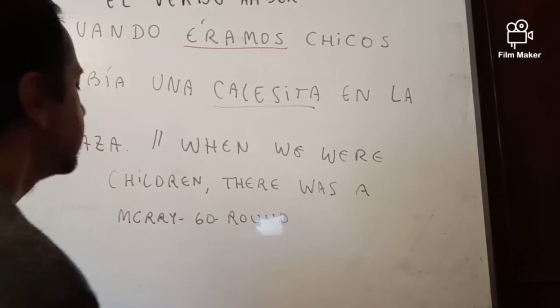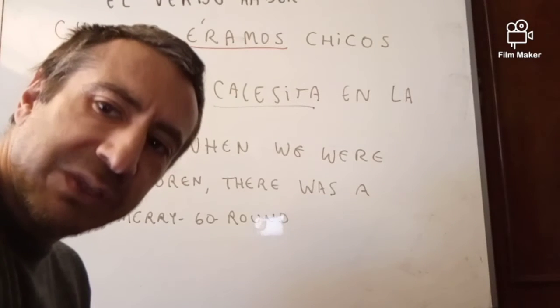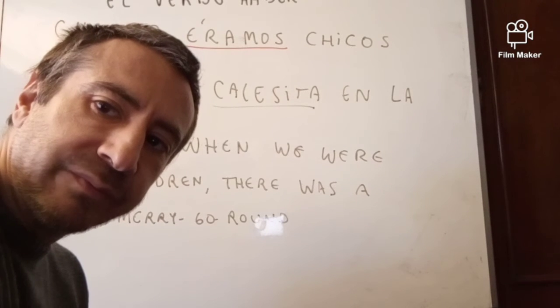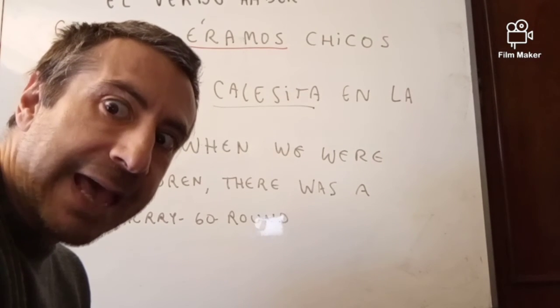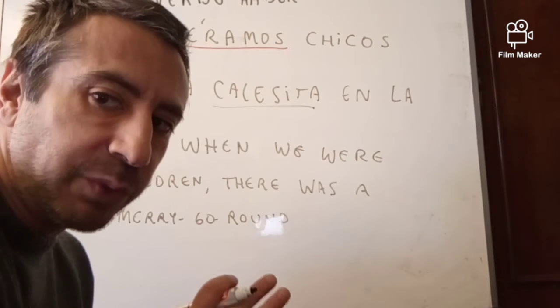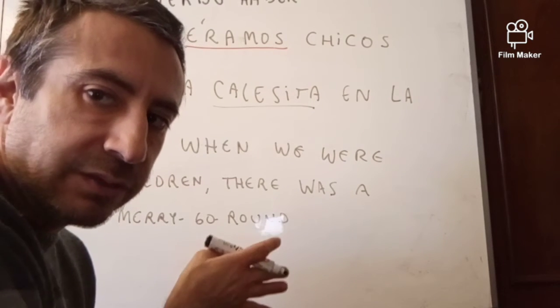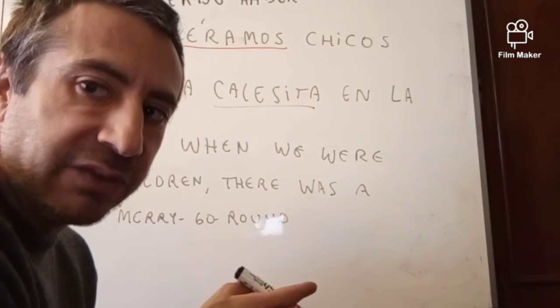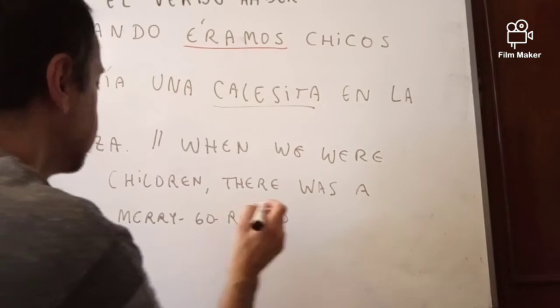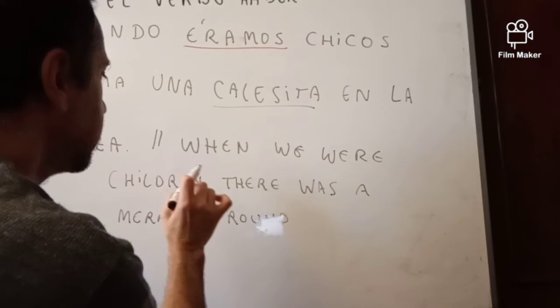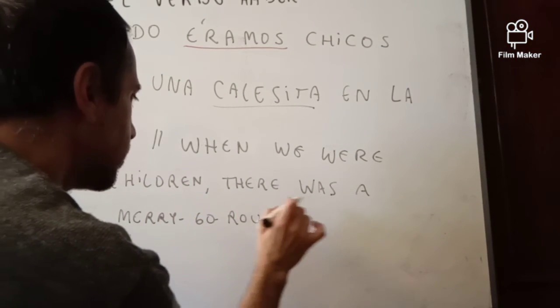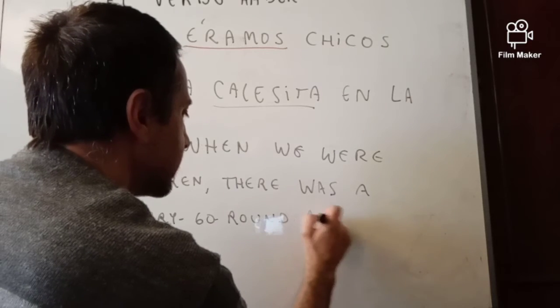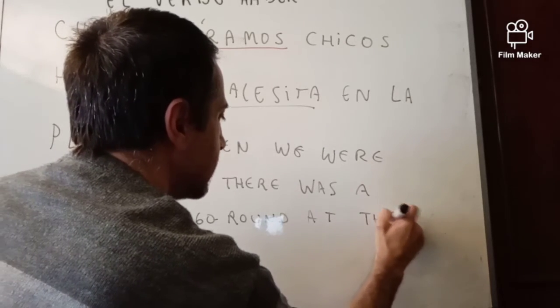And do you say in the square or at the square? I think it's at. I'm going to put at. Feel free to correct me if it's not at. When we were children, there was a merry-go-round at the square.